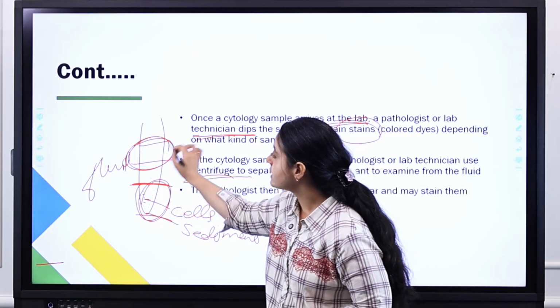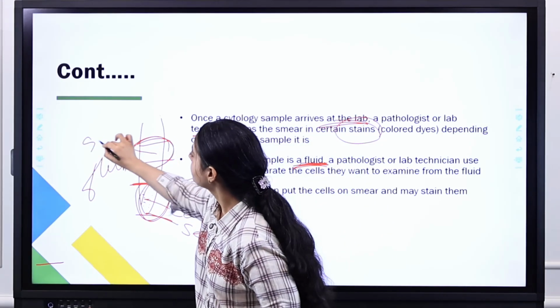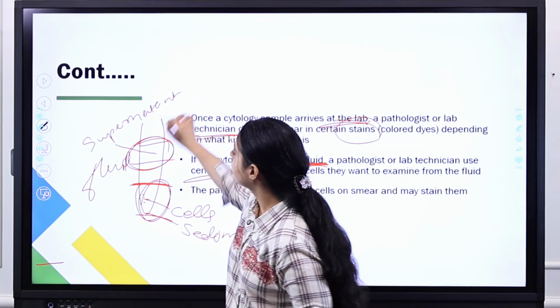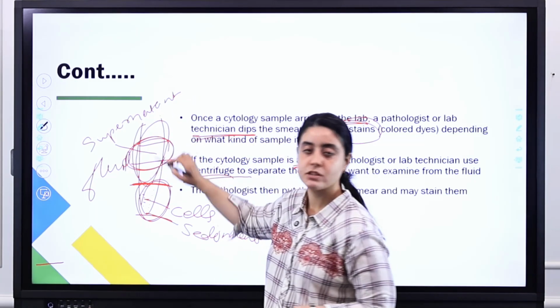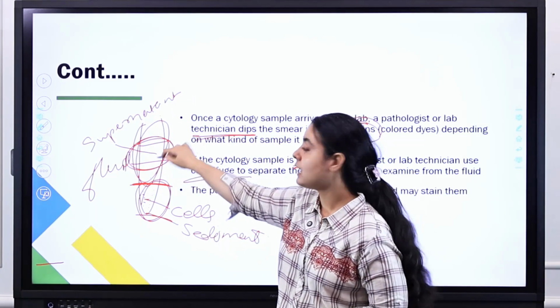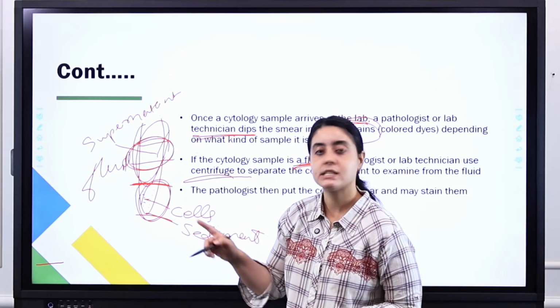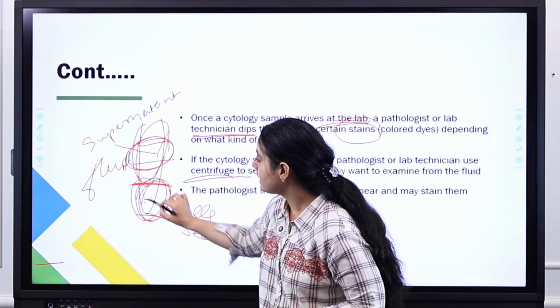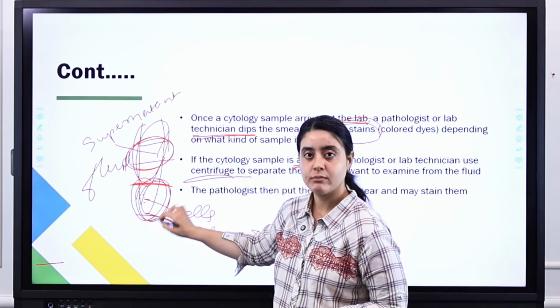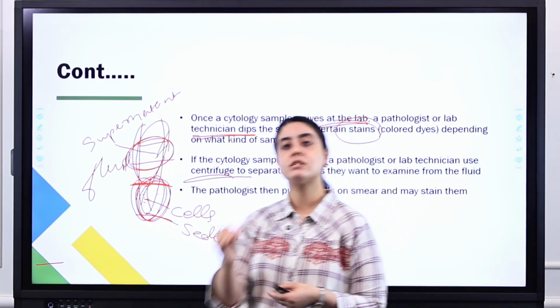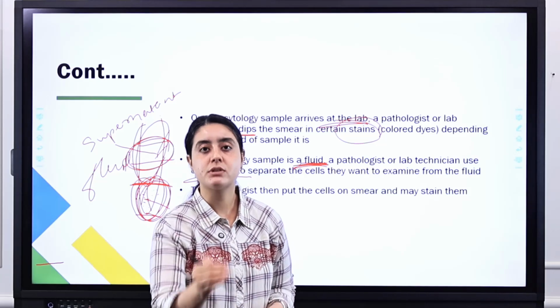After centrifuging, this area is the supernatant which we do not want. So we discard this supernatant, and all the cells on which we have to perform our staining are collected here at the end, and this is known as sediment. So we discard the supernatant, collect the sediment, and then proceed with our further staining procedure.